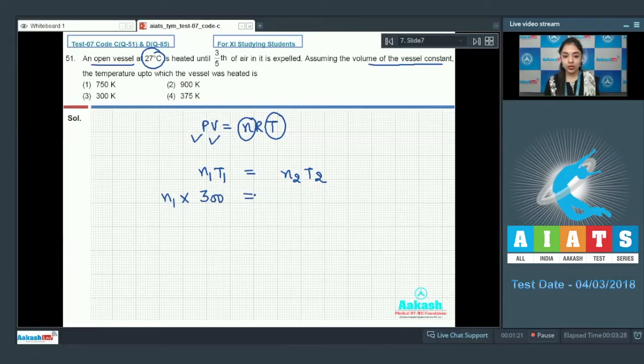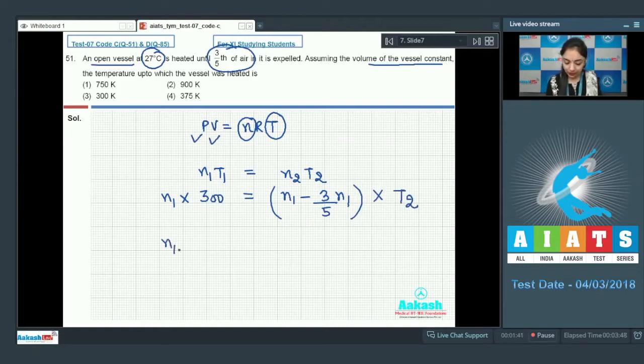And the final moles. So you have been given that 3/5 of air in it is expelled, which means N2 will be equal to N1 minus 3/5 of N1, into T2, which is the final temperature that you have to calculate.